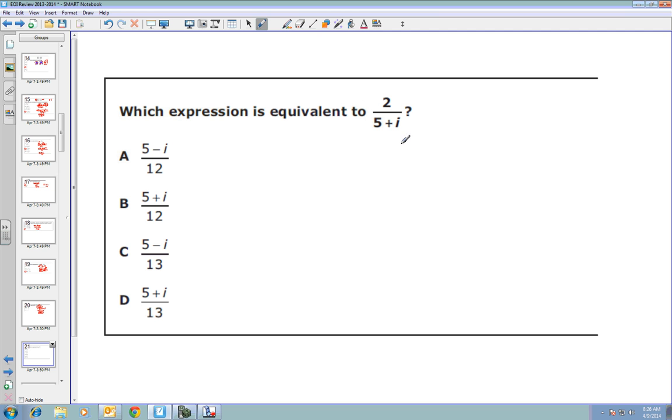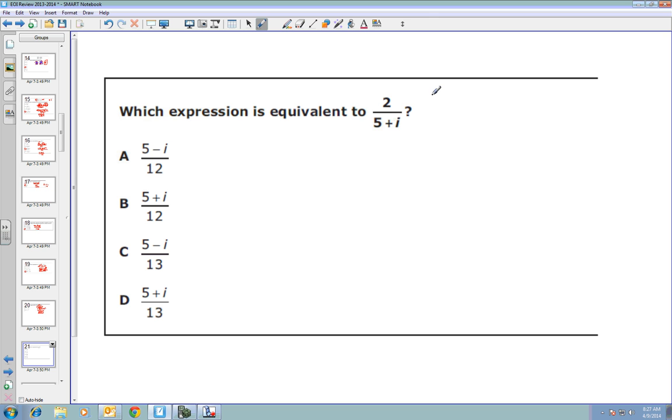So do you remember the rule on this? Good. The rule is, and the only reason I put this on there is because we can't have I in the denominator.